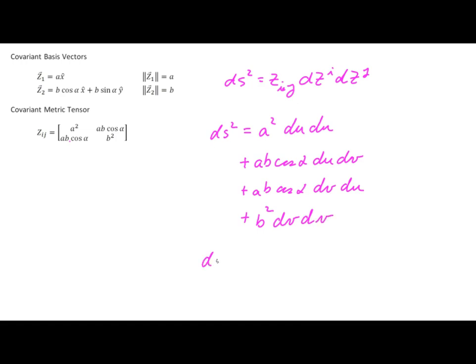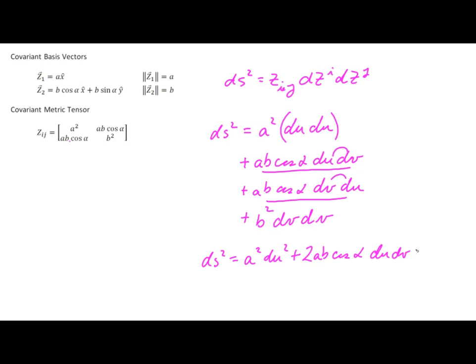It's pretty easy to see that this will become a squared du squared. And these two terms are the same. The only difference is the order here. So it's perfectly acceptable to write it down as 2ab cosine alpha du dv.